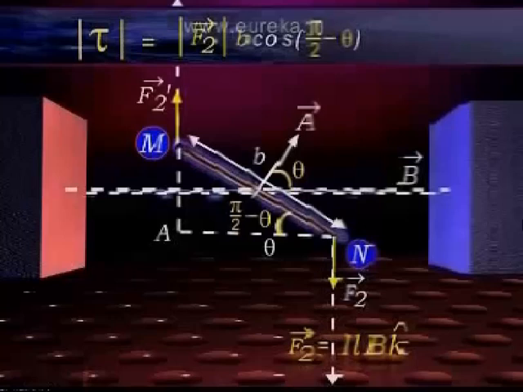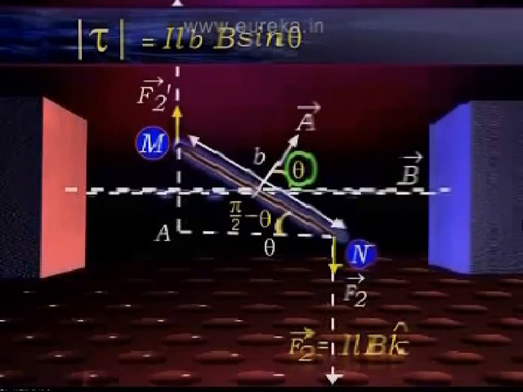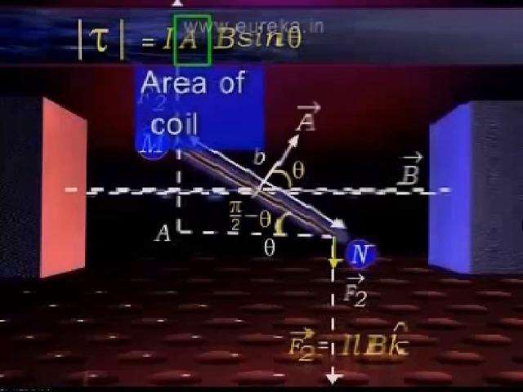MA is equal to B times cos of pi by 2 minus theta, that is equal to B sin theta, where theta is the angle between the direction of the field and the direction perpendicular to the plane of the coil. So torque is equal to I times L times B times B sin theta. L times B is equal to A, which is the area of the coil, so torque is equal to I times A times B sin theta.